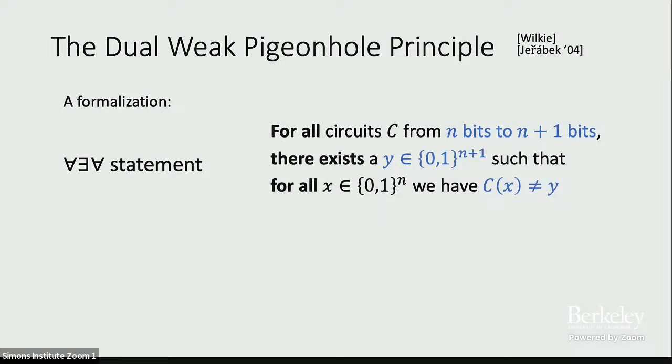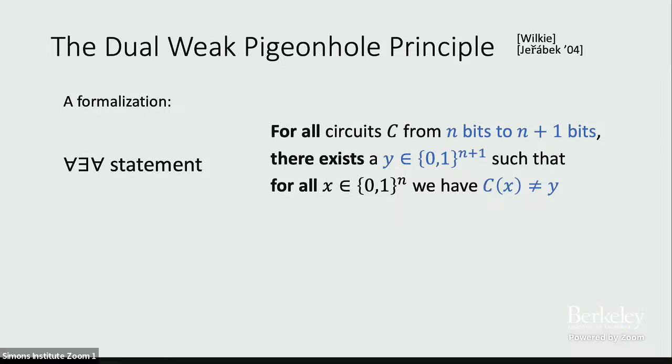So this is the factor 2 that we saw before. There exists some string y of length n plus 1 that is not in the range of the circuit. So for all x, C of x is not equal to y. So this is a for all, exists, for all statement. It might not be clear yet why this is important, but this will come up again later.